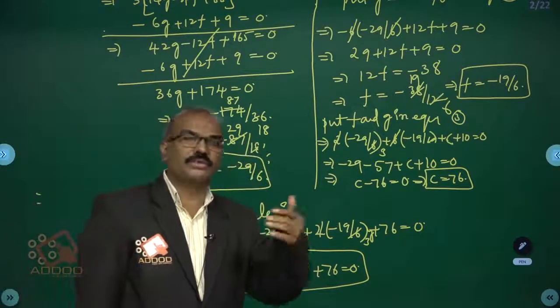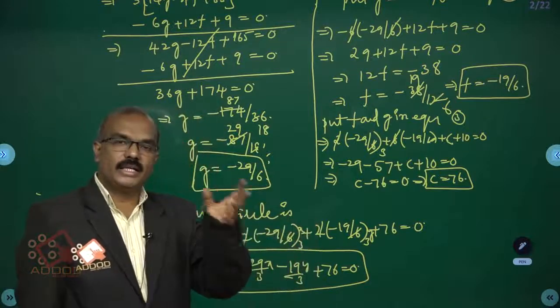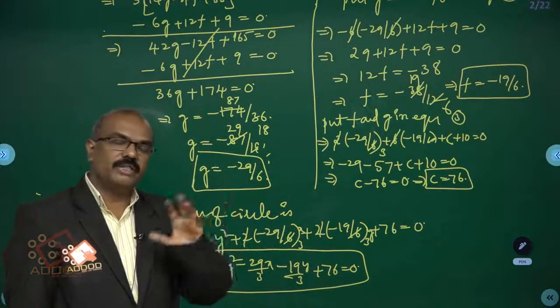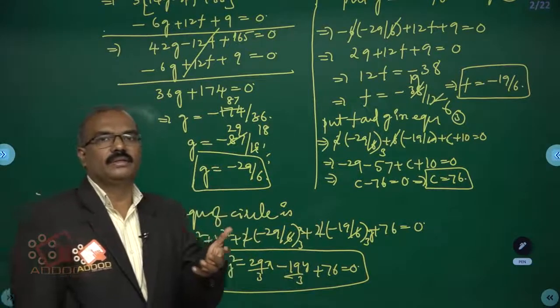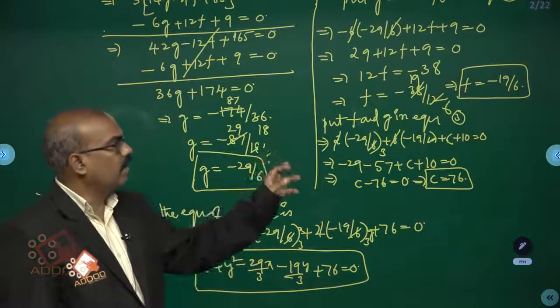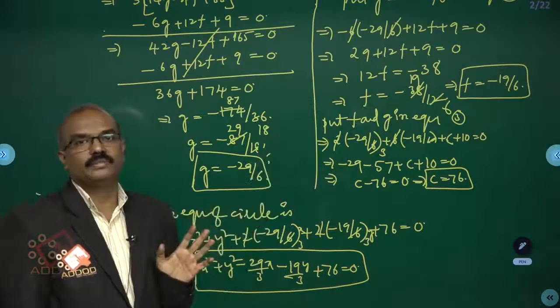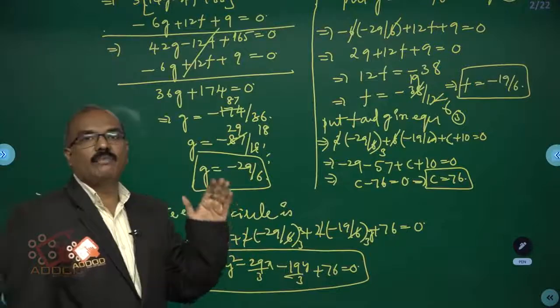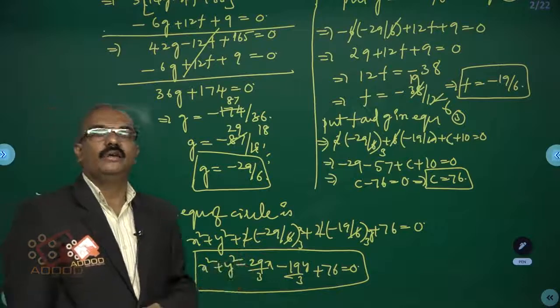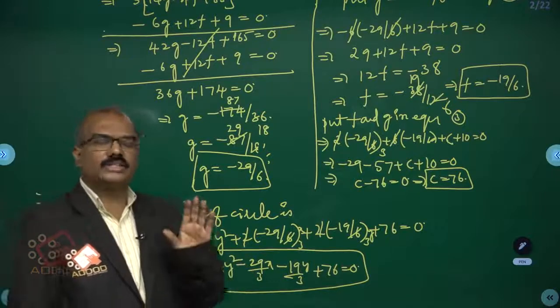So we substitute those 3 points and get 3 equations in f, g, c. By solving the equations any way, without mistakes, we get the f, g and c values. After finding them, if you substitute in the standard equation, we get the equation of the circle. So this is one method.